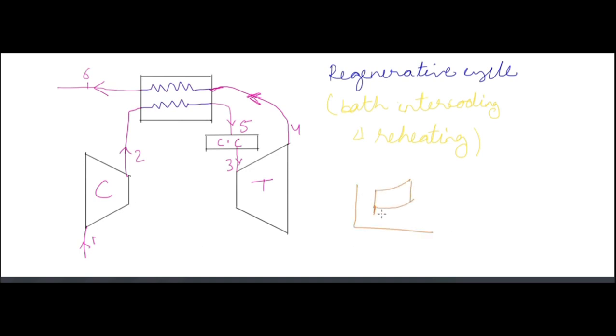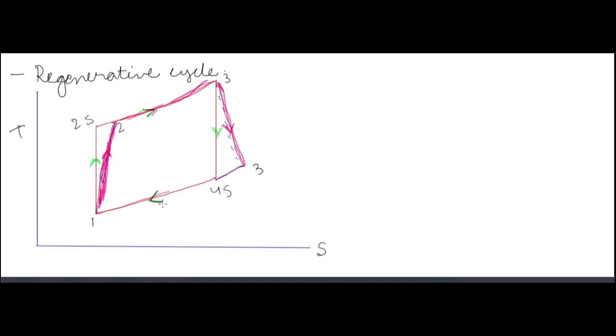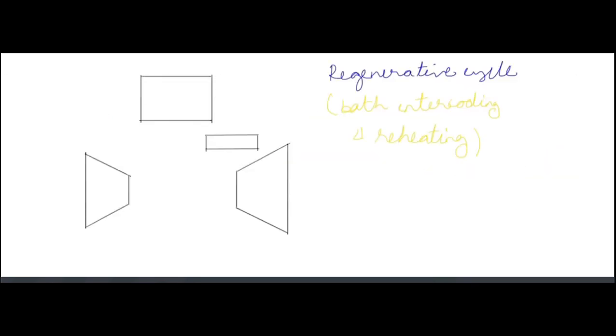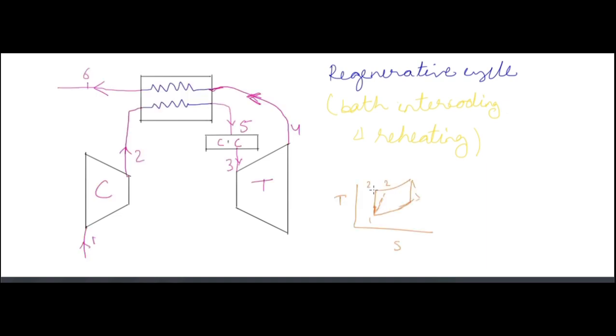In the TS diagram, so this is the 6 and this is the 5.